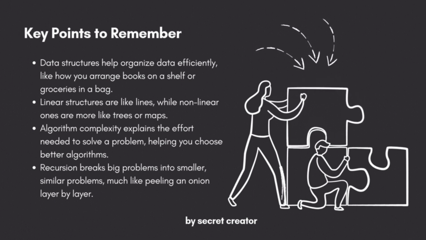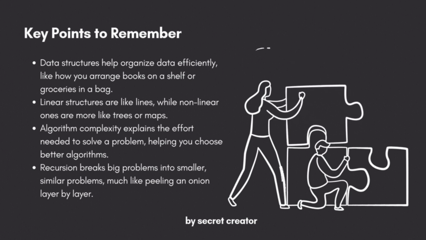First, data structures are tools to organize data efficiently, just like shelves, drawers, or filing systems in real life. Second, linear structures arrange data in a straight line, while non-linear ones organize data in a more complex, interconnected way. Third, algorithm complexity helps us understand how much effort is needed to solve a problem, guiding us to choose better approaches.